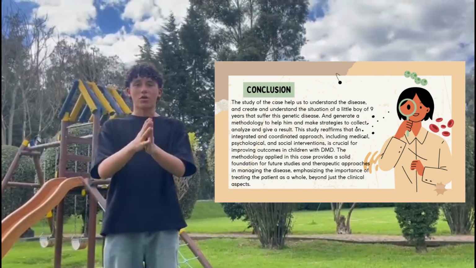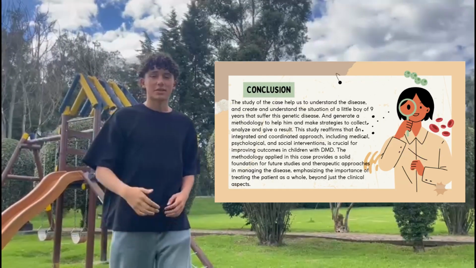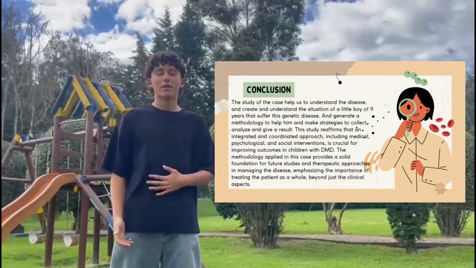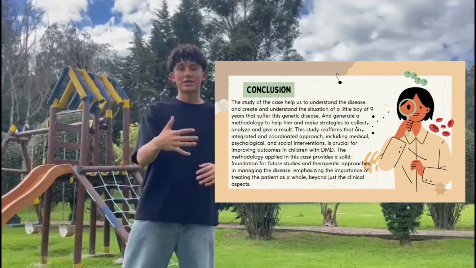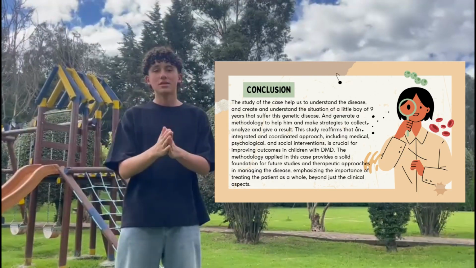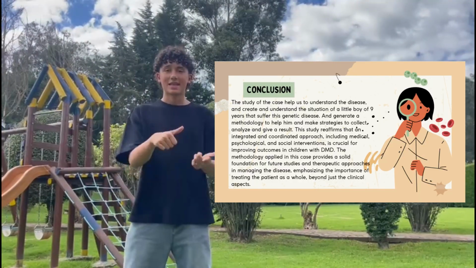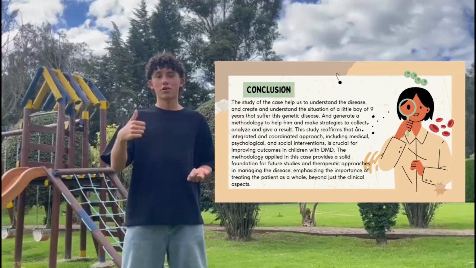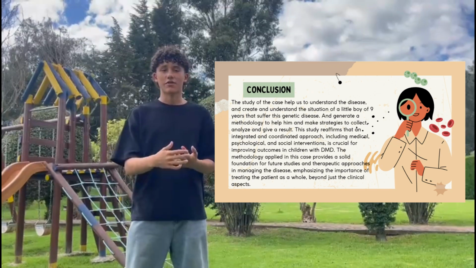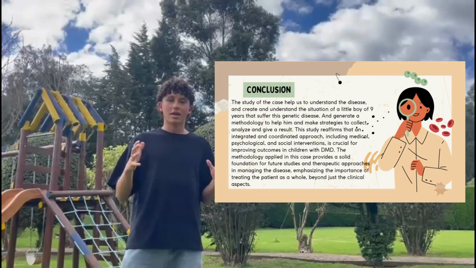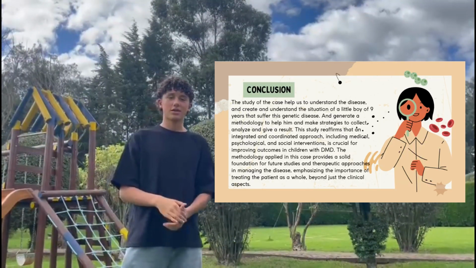Also, we conclude that all the investigation and all the treatment that was given to the 9-year-old patient was necessary to understand what is happening and the things that he will go through in the future, the exams that he will have in the future for his Duchenne muscular dystrophy, the examinations of the doctors, and the clinical history of the 9-year-old with the dystrophy.